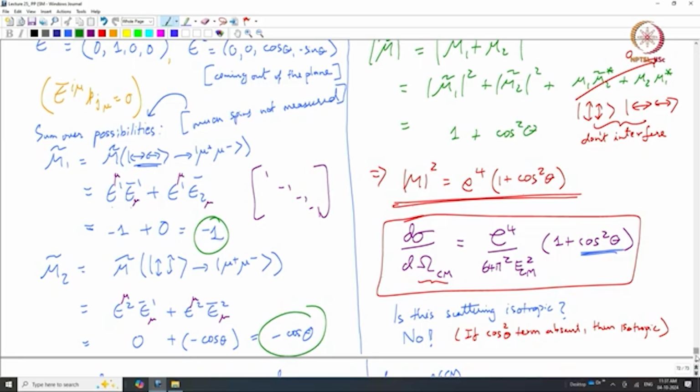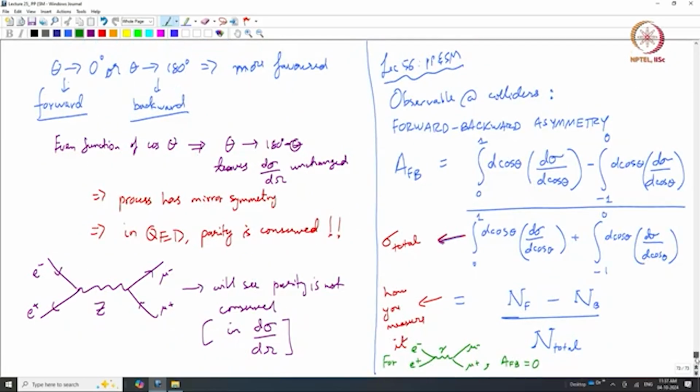You can either think of it that way or the physical way, where you have parity conservation in QED. So by mirror symmetry, I should have an equal number of events in both hemispheres, the forward hemisphere and the backward hemisphere. This is in QED again.